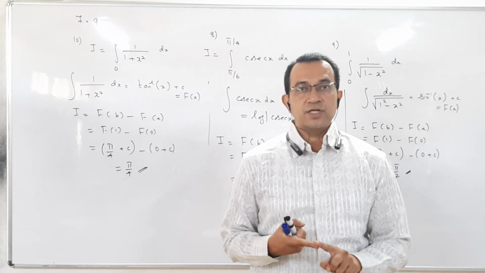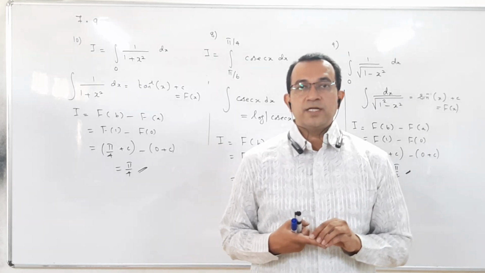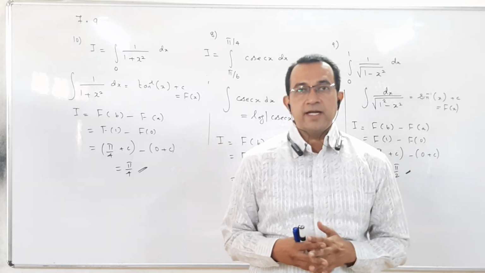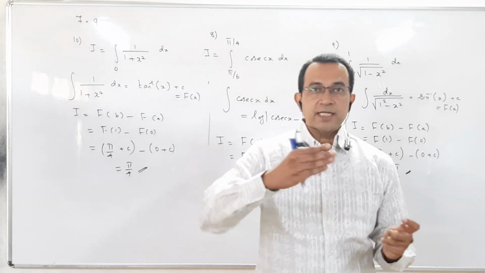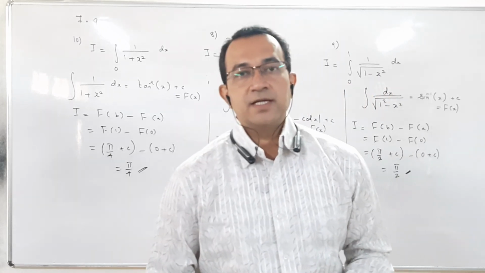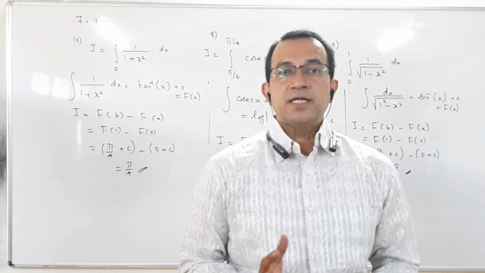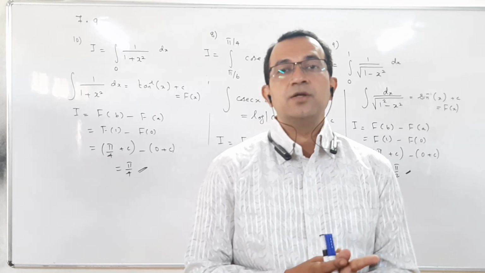That area function, then you can say the first fundamental theorem of integral calculus, which is A dash x is equal to f of x, and the second fundamental theorem of integral calculus, which is integral a to b f of x dx, is capital F of x limit from a to b. So it is integral value at upper limit minus integral value at lower limit.